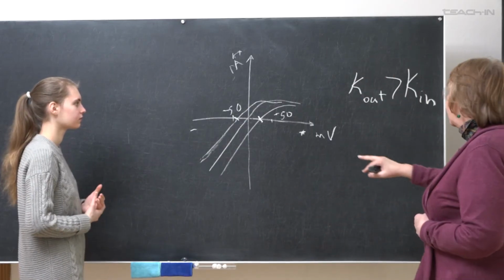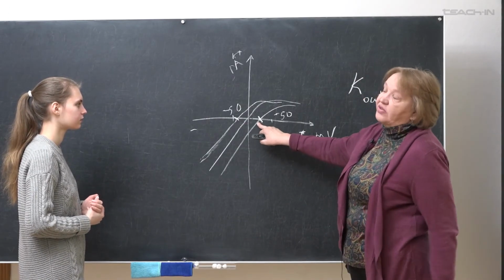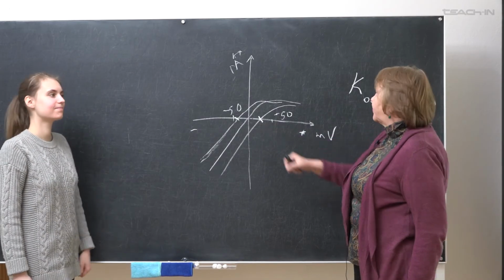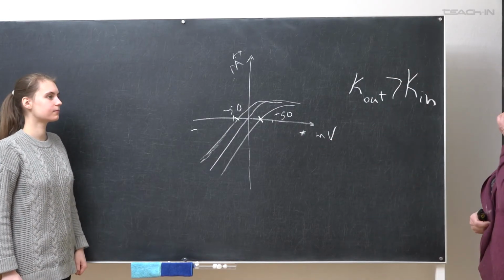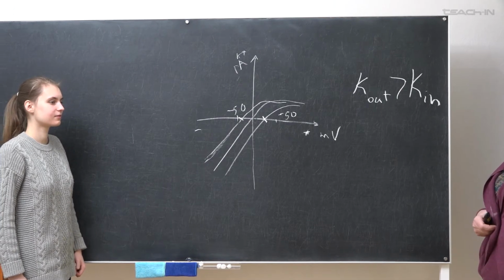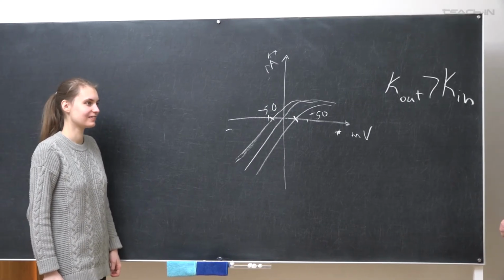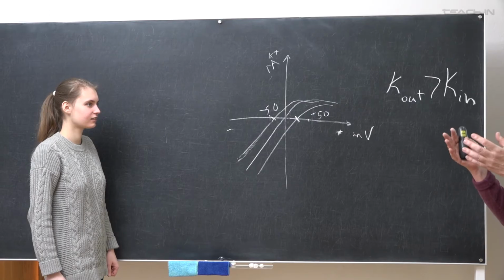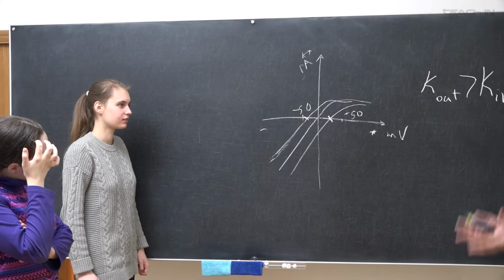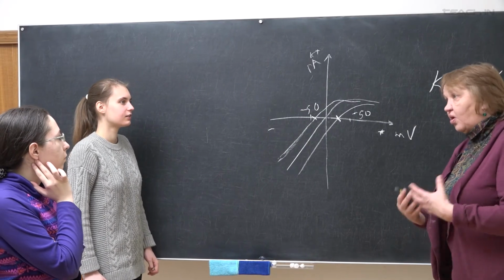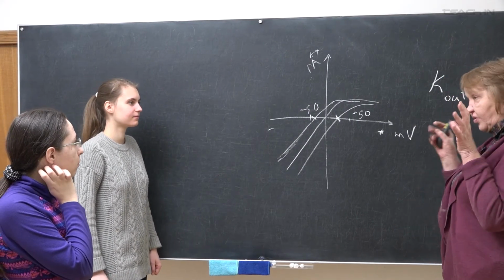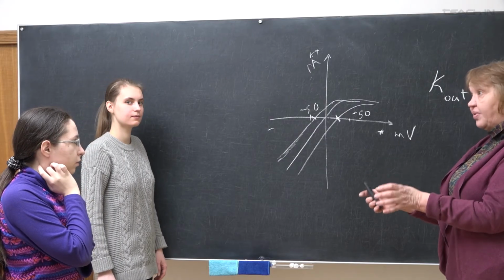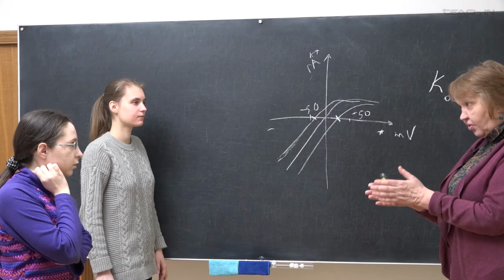Why do you think the reversal potential in this case will be at positive values of membrane potential? Wait. I confused plus and minus. I mean, the electrochemical potential for potassium, when the concentrations are the same in and out of the cell, will be 0. Correct? Correct.